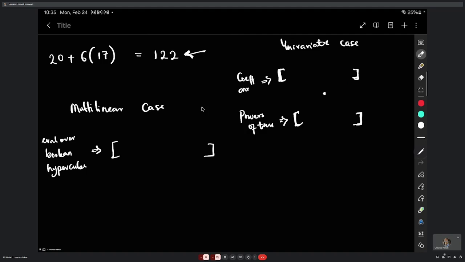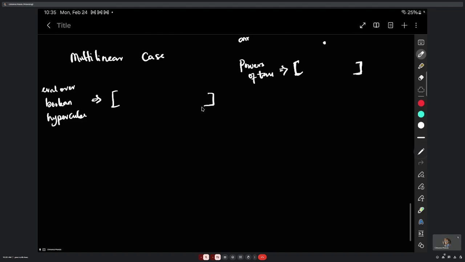And we need another array to multiply with it such that it partially evaluates that polynomial. How are we going to do that?